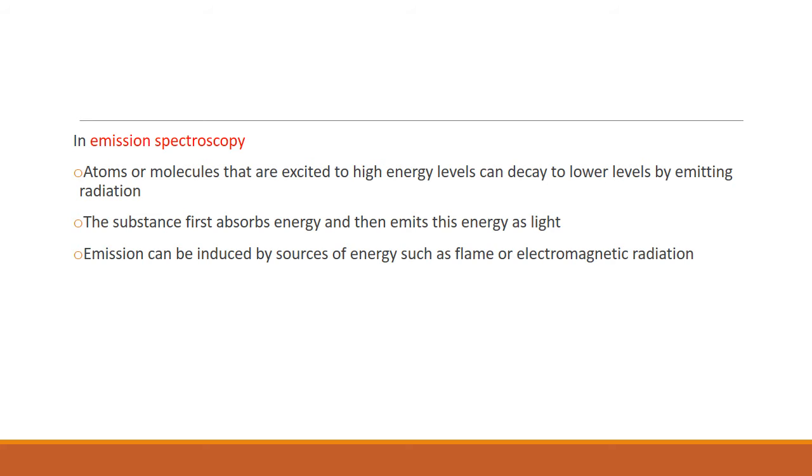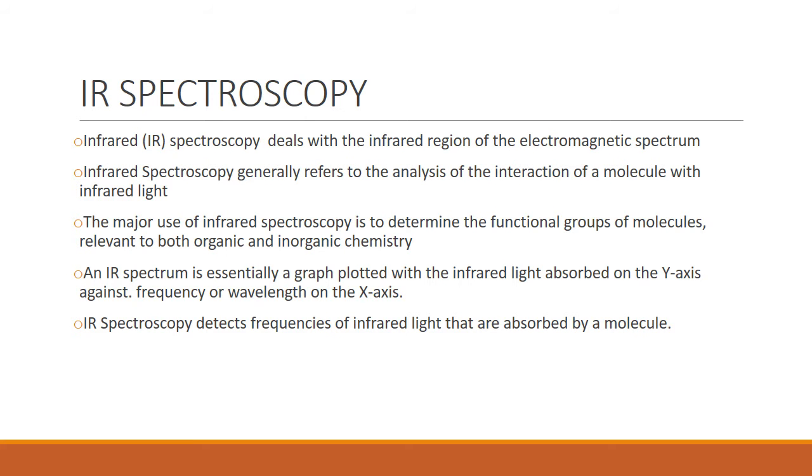We are going into detail on absorption spectroscopy and scattering spectroscopy, which are in our syllabus. Okay, next we will go through infrared spectroscopy. As the name indicates, it deals with the interaction of matter with electromagnetic waves in the infrared region.